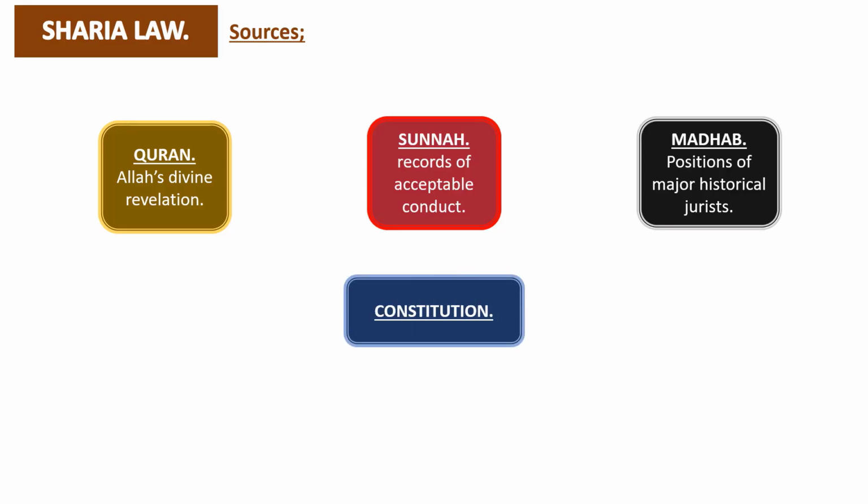Then you have the constitution. So in countries that are solely Islamic, like Saudi Arabia, their highest law-making body will propound laws which are supposed to be applied in the Sharia law. We'll come to the role of judges in Sharia law. So mainly, the judges in the Sharia law are clerics because of the religious nature of the law. But in some cases, the judges might be secular.